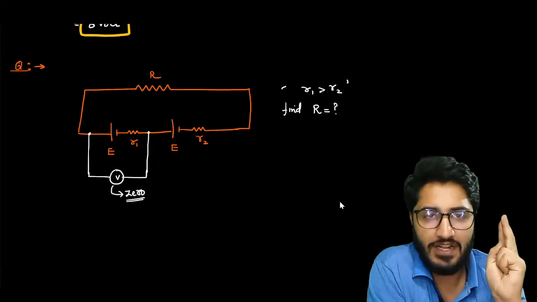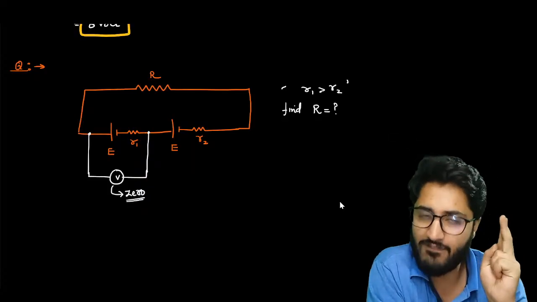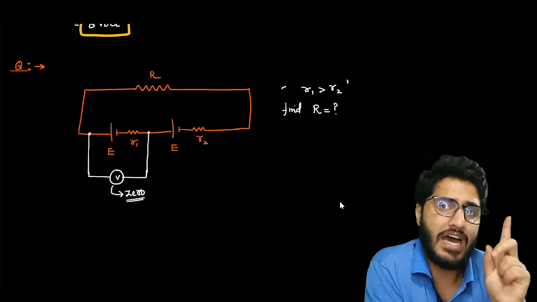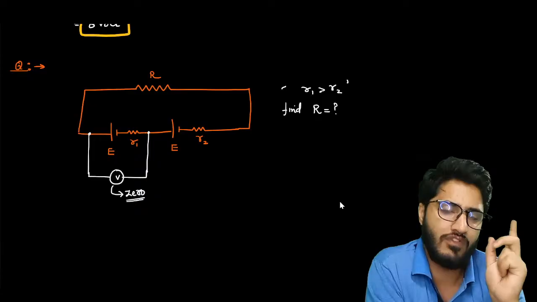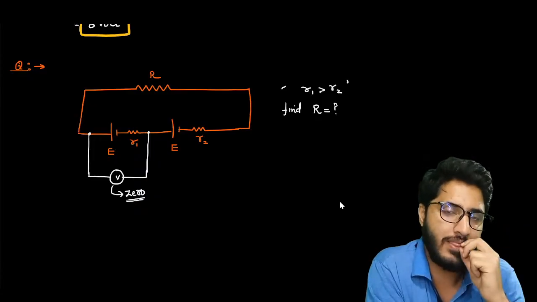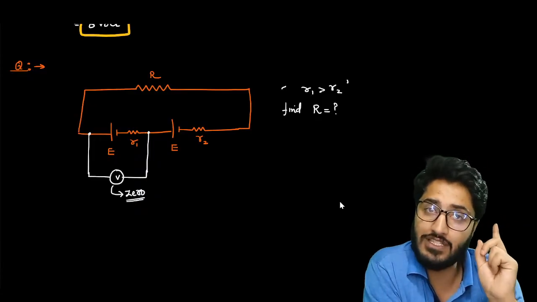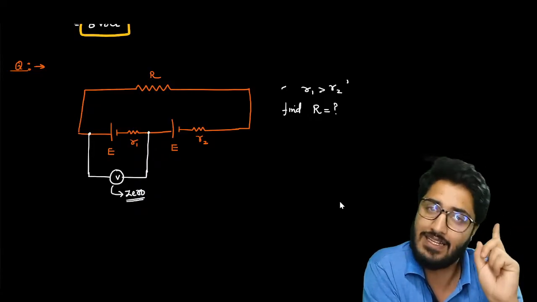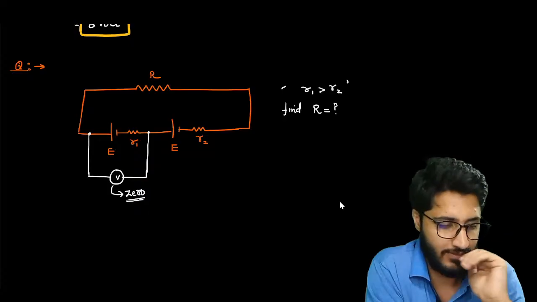We have two batteries with the same EMF and internal resistances R1 and R2, where R1 is more than R2, with external resistance R. If the potential difference across the first cell is 0, then find the external resistance.